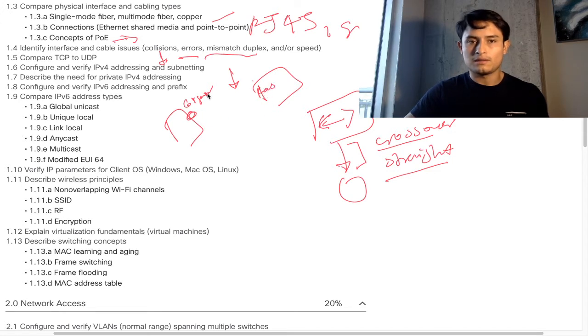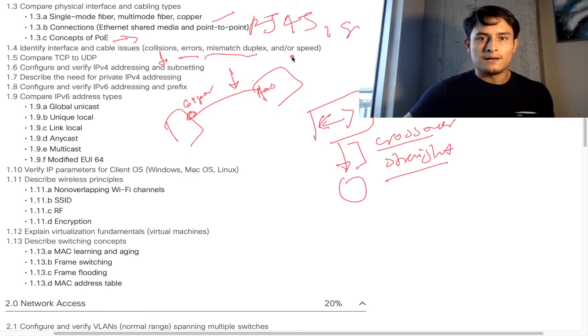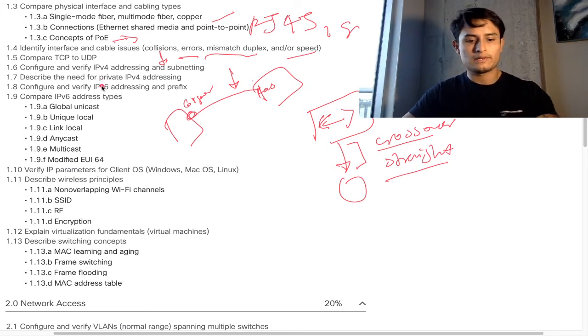Gigabit is, of course, 1,000 megabits per second, and Fast Ethernet is just 100. So if you have a cable connected to each other like this, then you're gonna have a mismatch of duplex and speeds. So that's that.